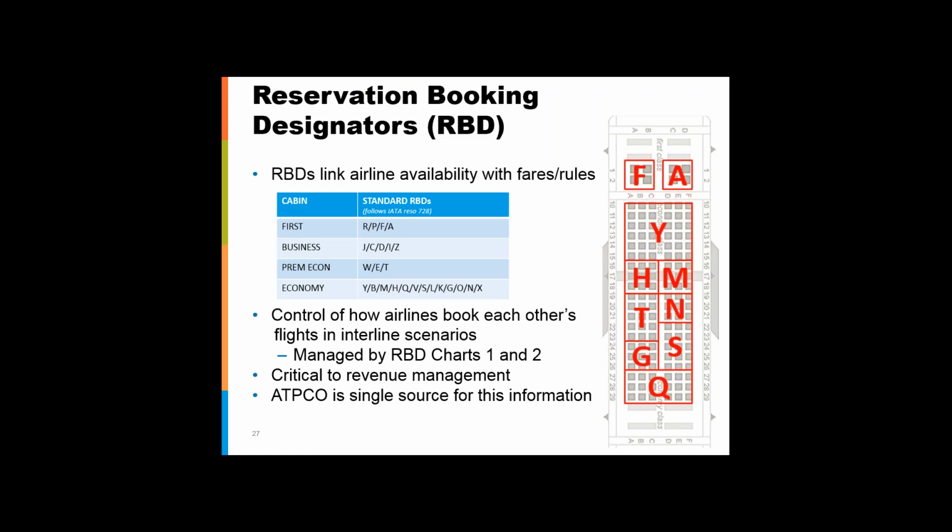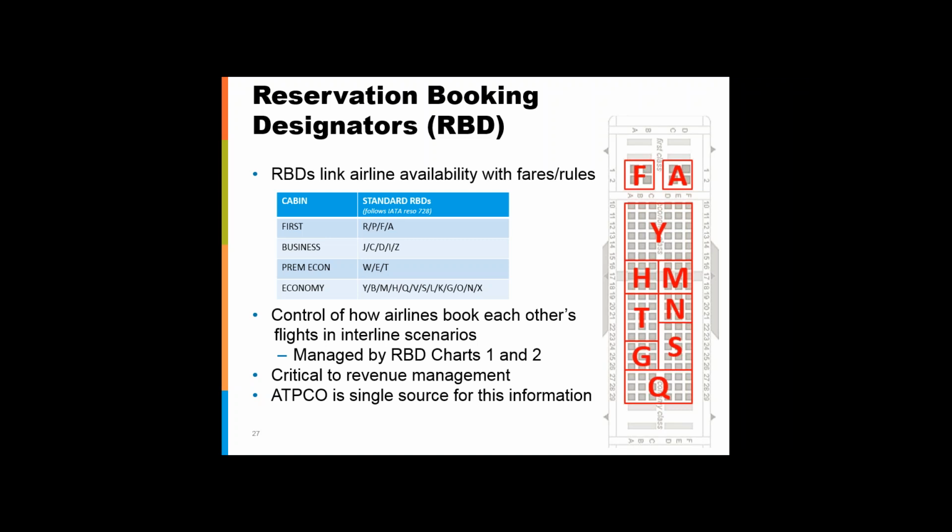Each different letter is associated with maybe a completely different tier of pay amount. So R may be the highest tier, most expensive, unrestricted, and the A the lowest in business.